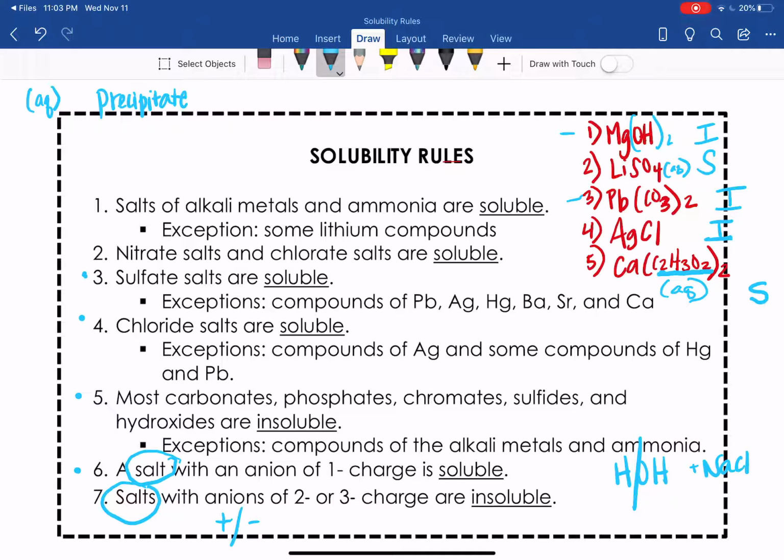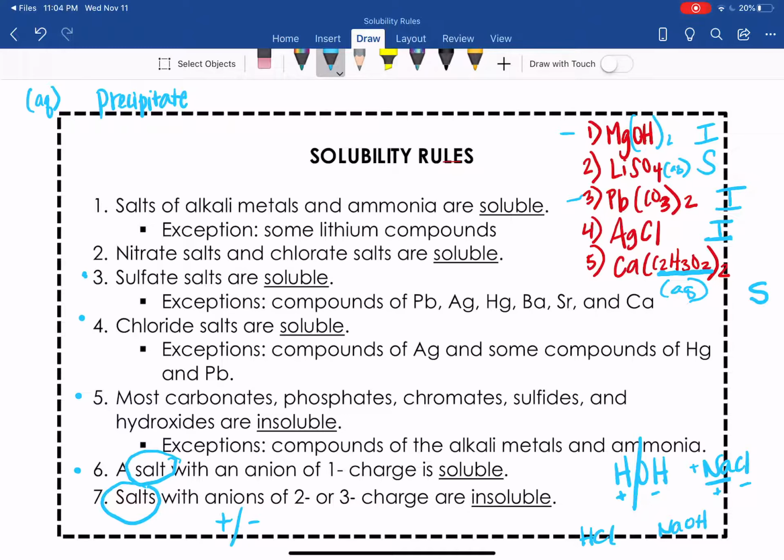The positive is going to repair with this negative to form HCl, and this positive is going to repair with this negative to form NaOH. Those ions kind of repair up in that solution, okay? And that happens with all salts when you place them in water. They break apart into the positive and the negative, cations and anions.